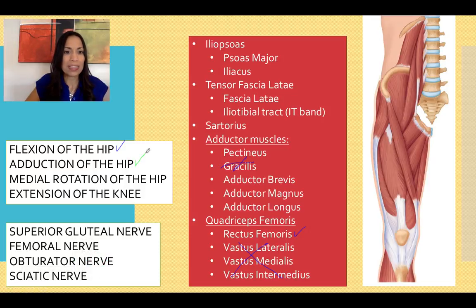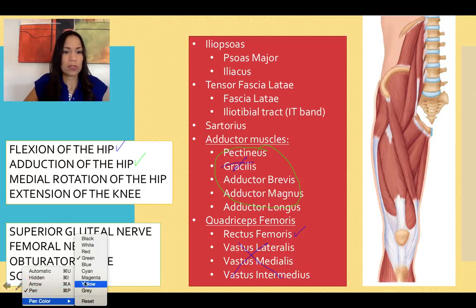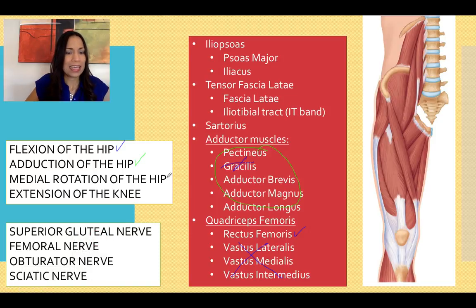Let's look for another color, green. What are the muscles that can adduct the hip? All of these: pectineus, gracilis, and the three adductors, brevis, longus, and magnus. What are the muscles that, in black, can medially rotate the hip? Well, medial rotation, you have tensor fasciae latae, and you have all the adductors, and that's it.